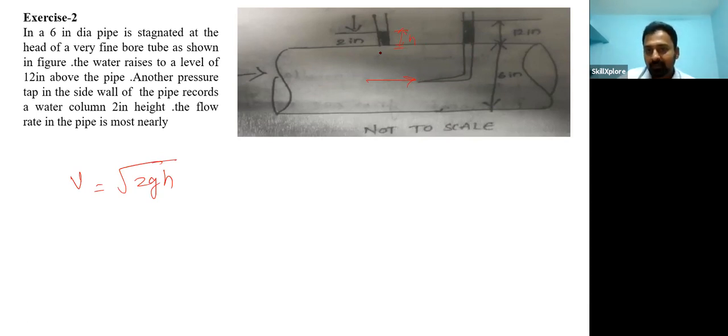Due to this pressure difference, here it is free flowing fluid, here the fluid is constrained and gets into the nose, so this will create some pressure drop. That pressure drop is compensated here. So this height is the exact height required to calculate the velocity of the fluid. So h is 12 inches height minus 2 inches height, so you get 10 inches. Just use that.